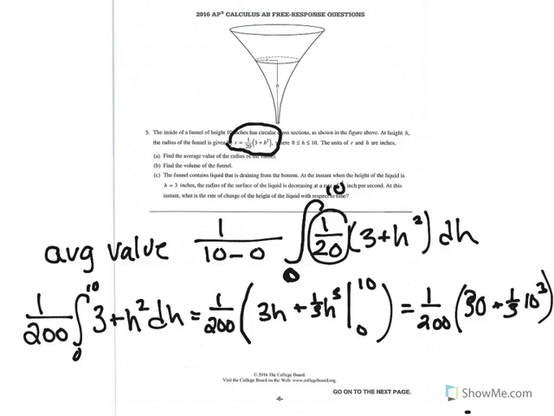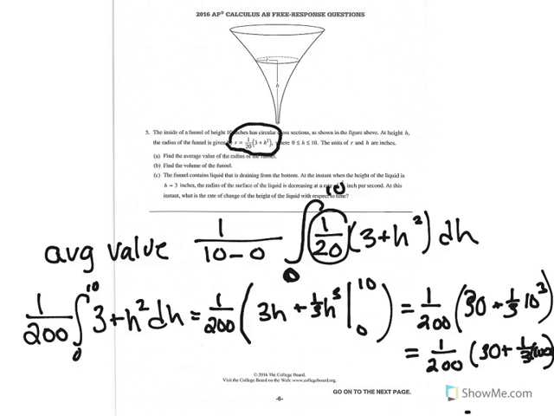I can leave it like that. I don't have to go any farther if I don't want to. I feel the need: 1 over 200, 30 plus 10 to the third is 1,000, so 1/3 times 1,000. And I'm going to leave it there. There's no sense doing more work to find out what the answer is going to be. Okay, so I found the average value.